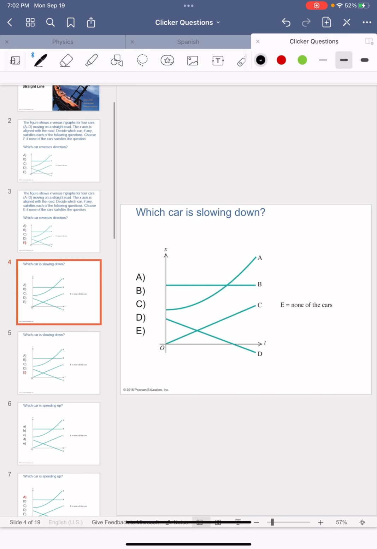For D, it is also not the answer because the car is moving in the negative direction, but they are asking which one slows down. So it might be this one, but further on we will see another type of question which D will be the answer for. So here it's also E, meaning that no car is slowing down.